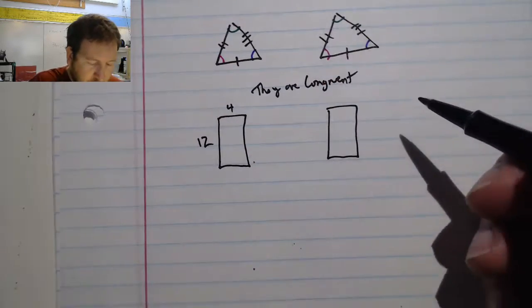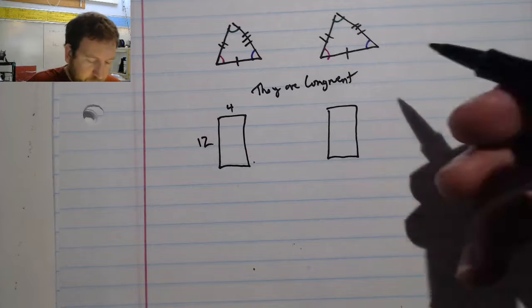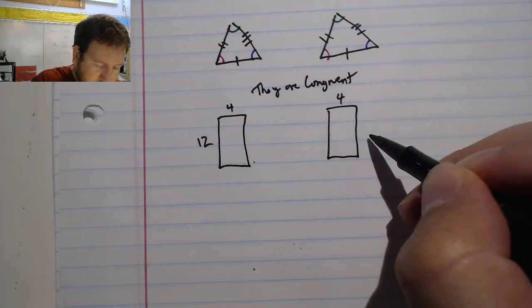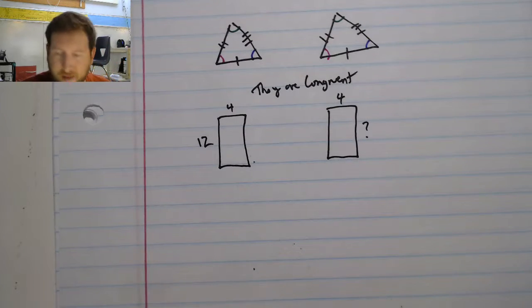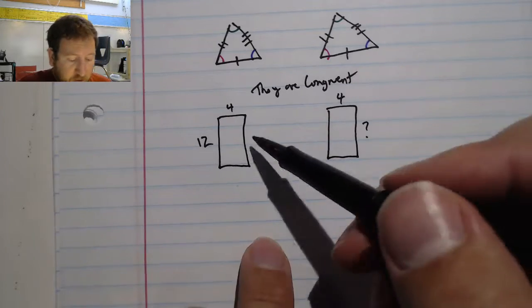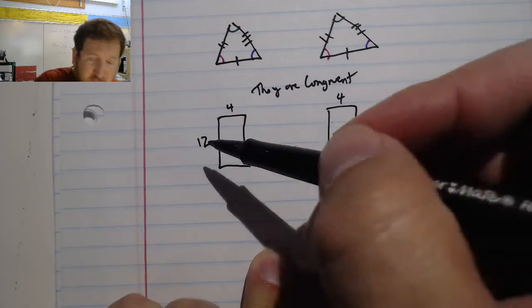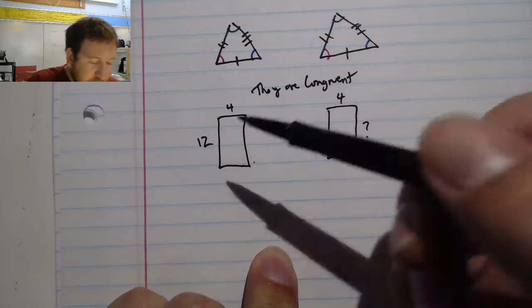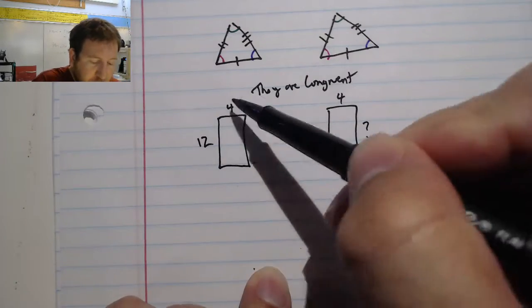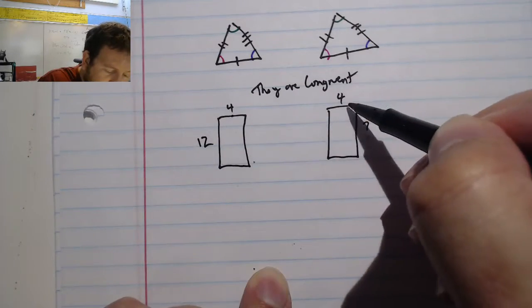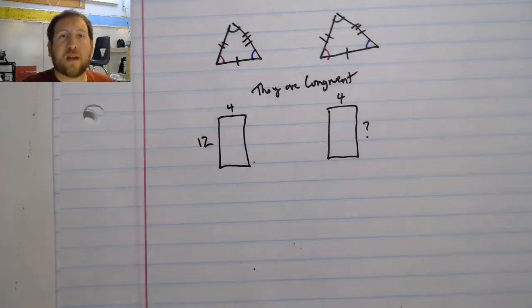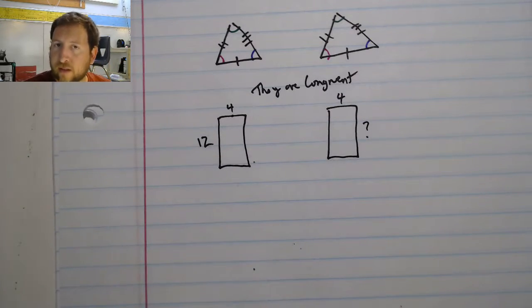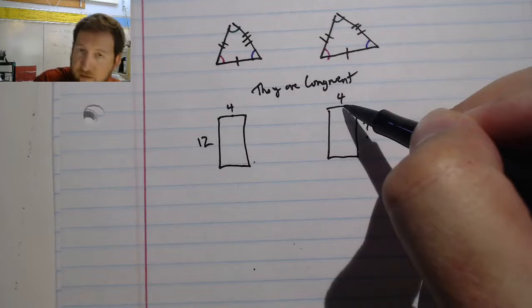This side is 12. Well, what is that side? I know that it's congruent, so the corresponding side here is going to be the same. If I look at my rectangle, both of these are corresponding because that is the smaller side of the rectangle, so they must be equivalent. So this is 4, so this is 4.